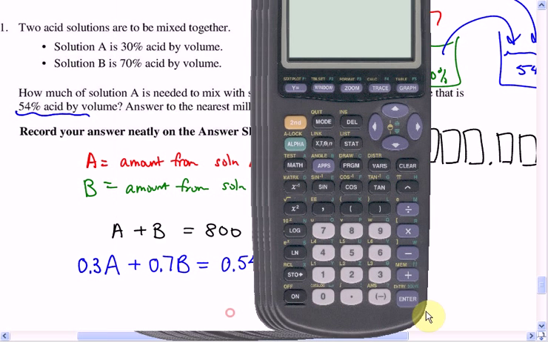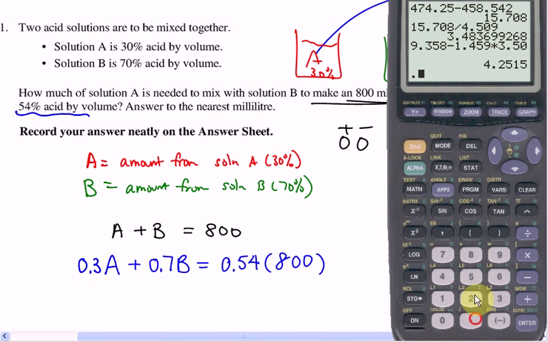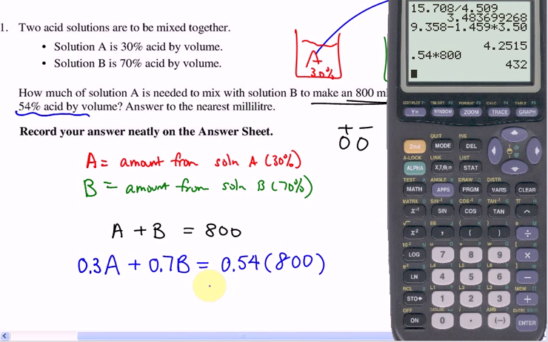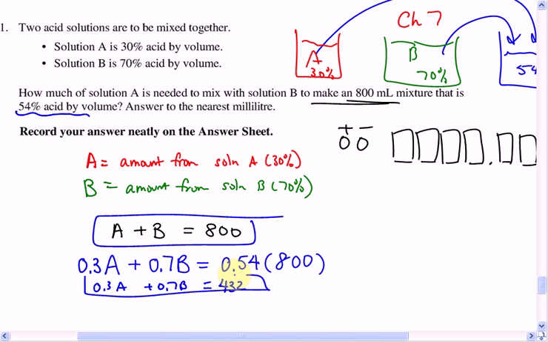Now here's where I'm going to bring up my calculator because I want to figure out what 0.54 of 800 is. That's 432. So I guess this is my new equation that I want to use. I've got this one, I've got this one. Let's just use substitution to solve now.